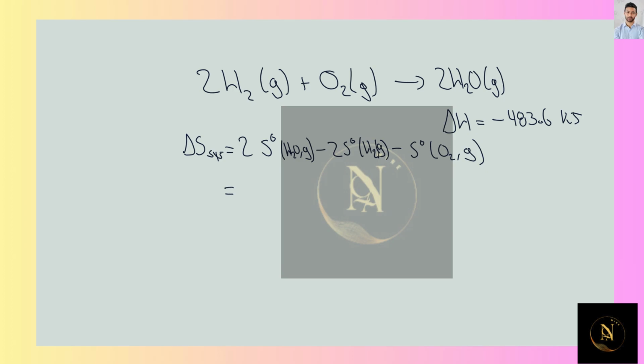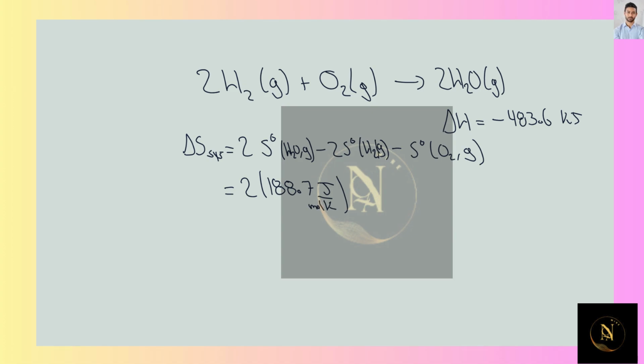So the values that I'm going to be employing are from Overby and Chang's book of chemistry, 13th edition, and they are as follows. For water, what we have is 2 times 188.7 joules. It is given in joules per mole Kelvin, but since we are multiplying by 2 moles, we can directly put joules over Kelvin.